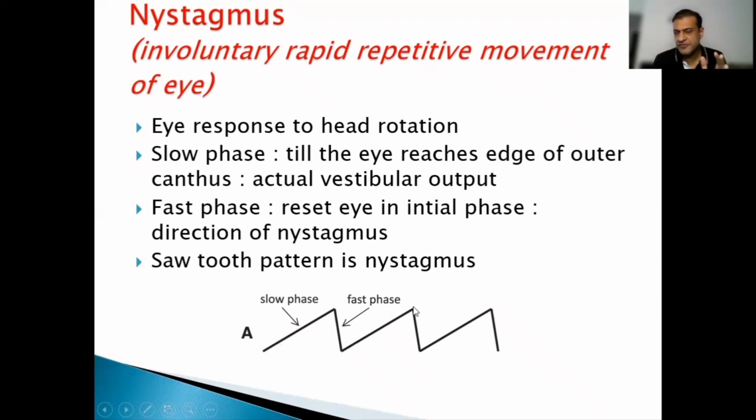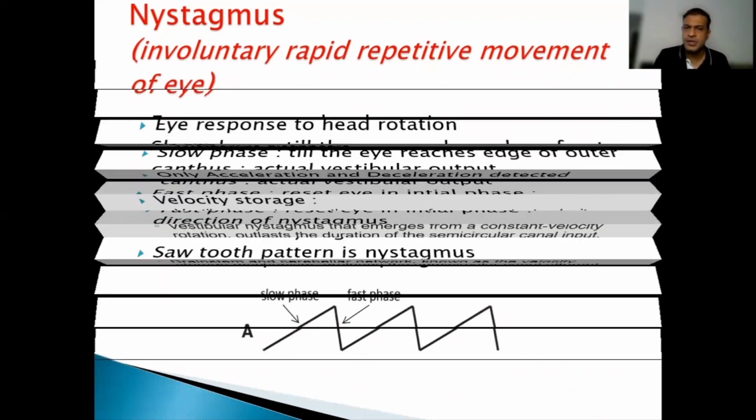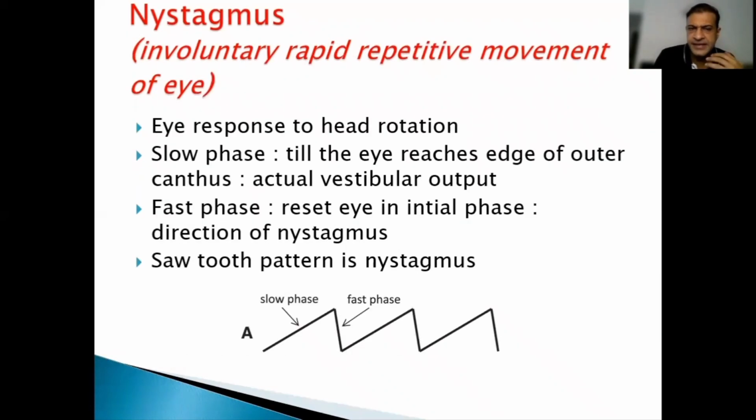The slow phase is the actual phase to keep the fixation point, and the fast phase is a corrective phase when the fixation cannot happen. The nystagmus is mainly named by the side of the fast component because the fast component is easy to identify. However, understand that the slow component is the main part because of the vestibulo-ocular reflex, and when the fixation cannot happen, the eye corrects itself and the fast component happens.